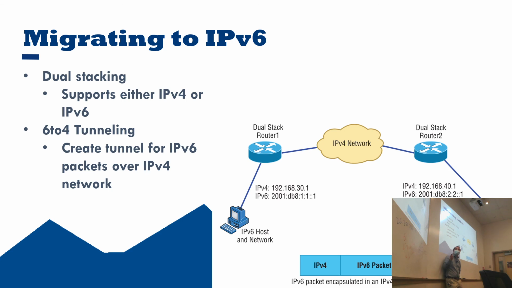You're going across an IPv4 network, you got another router on the other end that supports dual stack, and you have IPv6. What's the reason for doing this? Is there any advantage to this? So, the only reason I could think of why you would do something like this is if you're in the process of migrating and you're actively doing it. So just make sure you understand that.